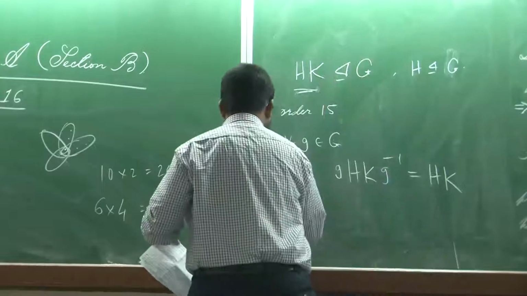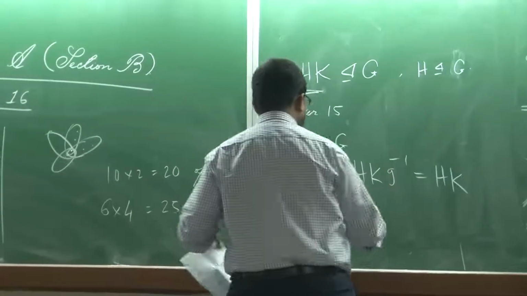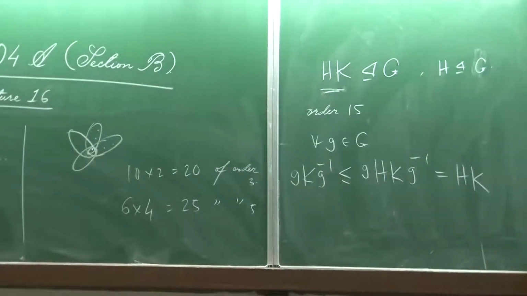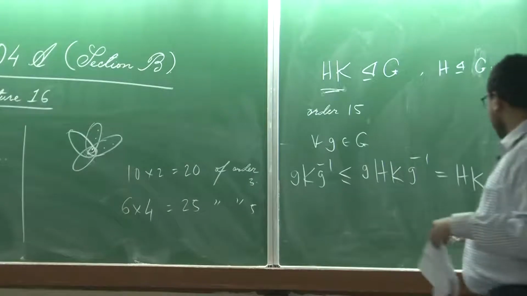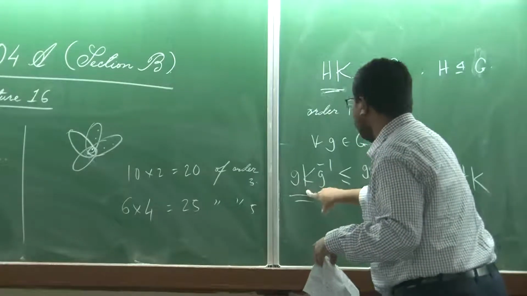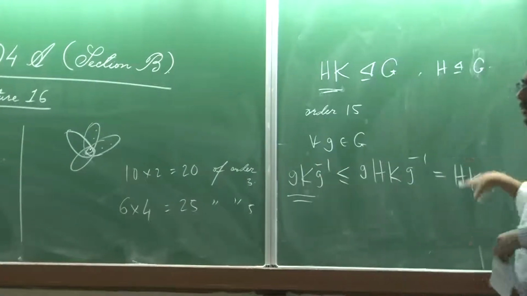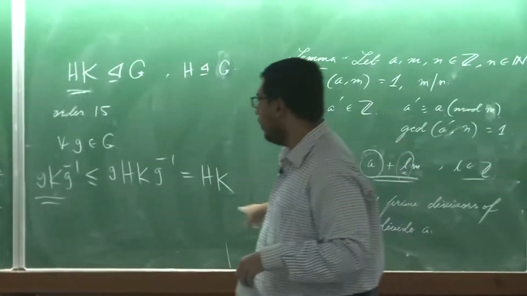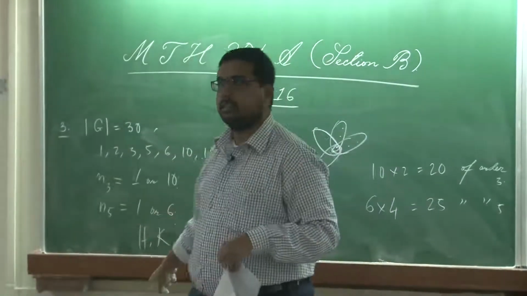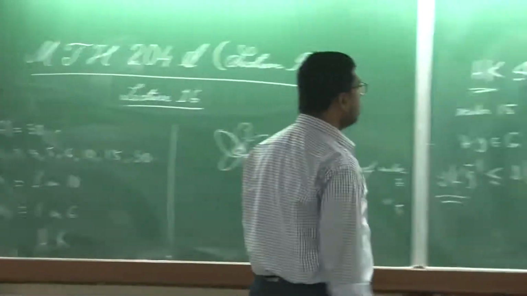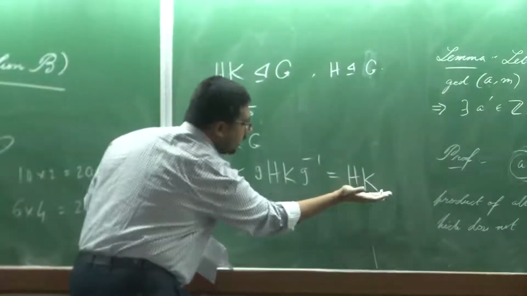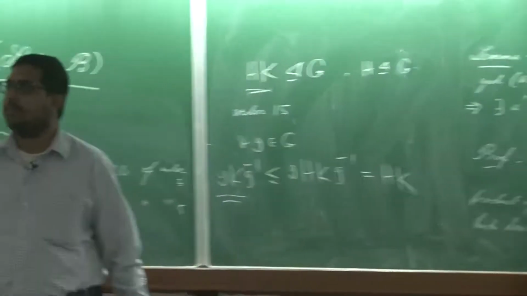So therefore, gKg inverse will be contained inside this. So all conjugates of K will be contained inside this order 15 subgroup. So these are all Sylow 5 subgroups of G, right. So you see that all Sylow 5 subgroups of G are now contained inside this subgroup of order 15.